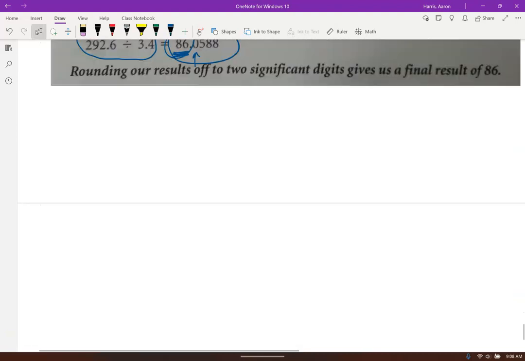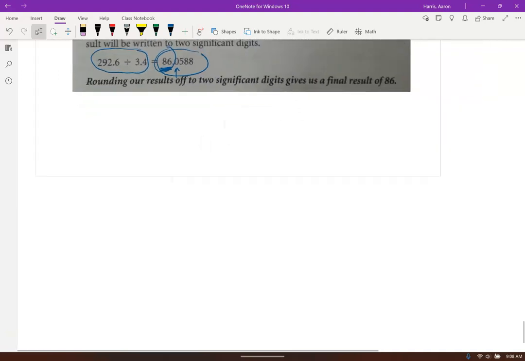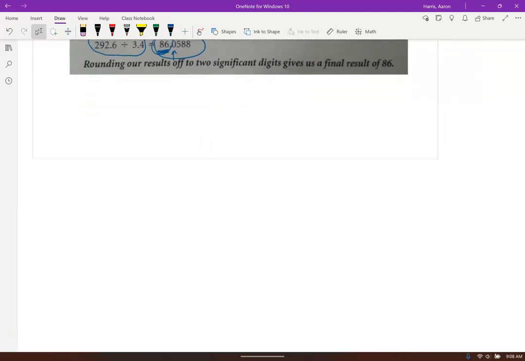All right. Last thing, I do want to talk a little bit more about greatest possible error. So what you're going to do is find half of the measuring unit of the last significant digit.